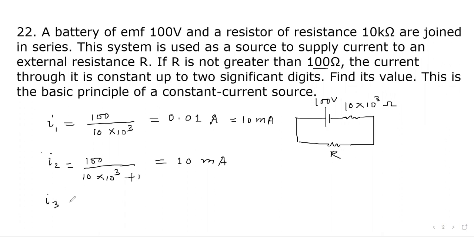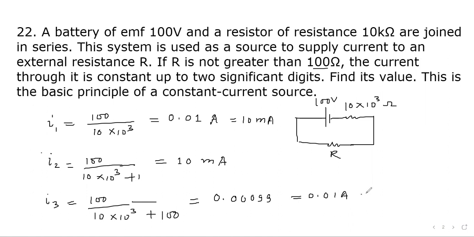So current will be 100 volt divided by 10 into 10 to the power 3 plus 100. So this time the value of current would be 0.00099, which will be equal to 0.01 ampere or 10 milliampere.